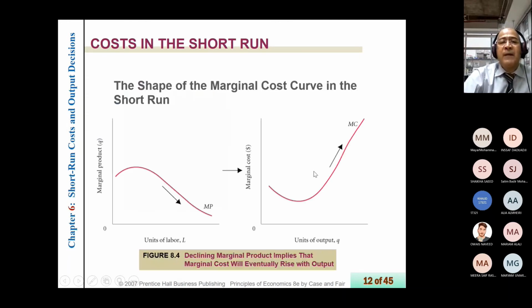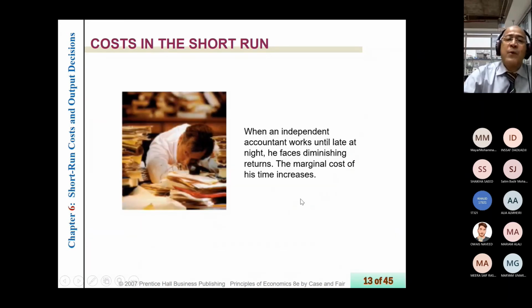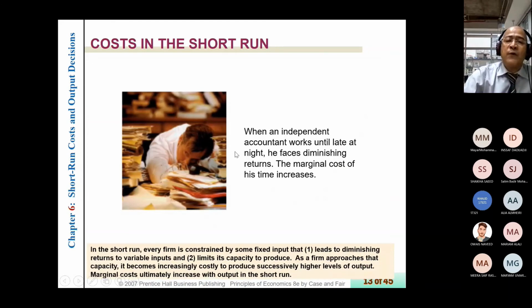So again, to remember these two graphs, marginal product takes the shape of the letter N, while marginal cost takes the shape of the letter U. So please keep the shape of marginal cost in your mind. We will need it later, when we solve calculation questions, when we solve the case study.